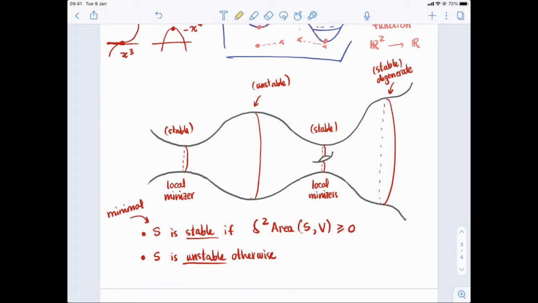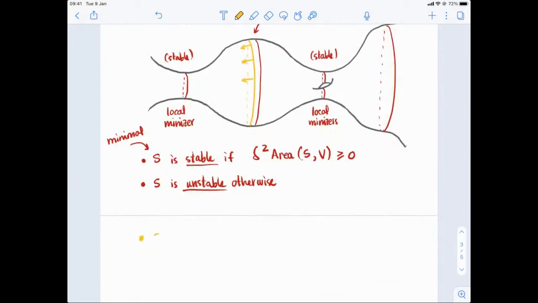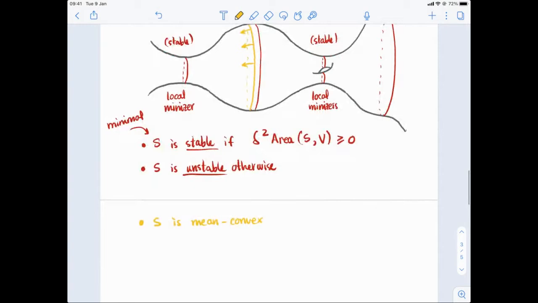There is a way of pushing your surface a little bit forward, let's say in this direction, so that now this has become what we call mean convex. So a surface S is mean convex. Now it doesn't have to be minimal, of course, it's mean convex. Or more generally, we will say has non-vanishing mean curvature.